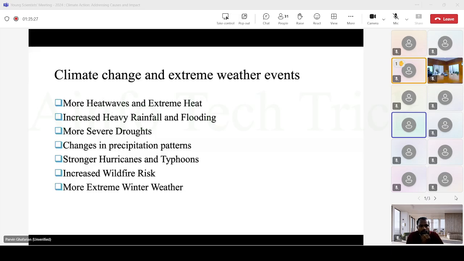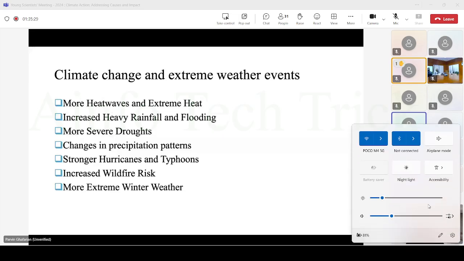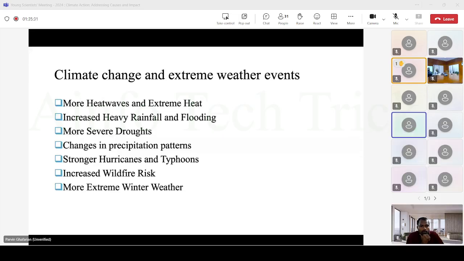Increased heavy rainfall and flooding lead to more intense rainfall events, increasing the risk of flooding, landslides, and damage to infrastructure. Changes in atmospheric circulation: climate change can alter weather patterns, leading to prolonged periods of heavy rain in some regions and more severe drought. Higher temperatures increase evaporation, leading to drier conditions in many areas, especially those already prone to drought.